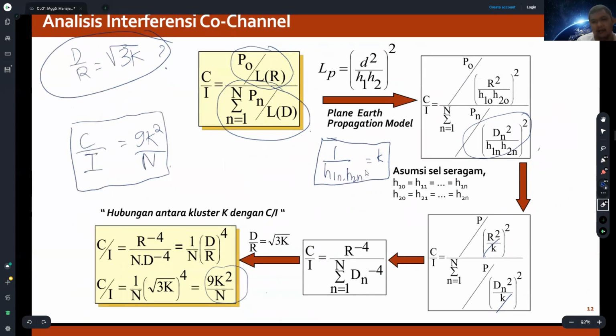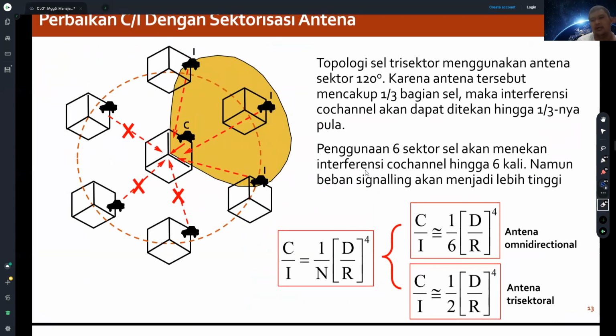However, if we are talking about sectoral antennas, using the sectoral concept, one cell will be divided into 3 sectors, which means these 3 sectors will also be divided into 3 frequencies: F1, F2, and F3. This one is also divided into F1, F2, and F3, and this one too. It will be like this. So it's a small cluster after all.